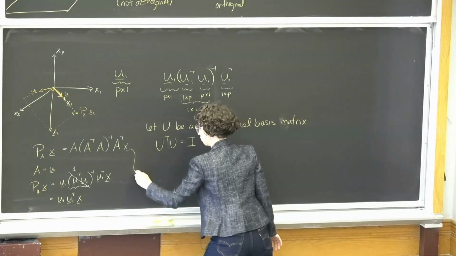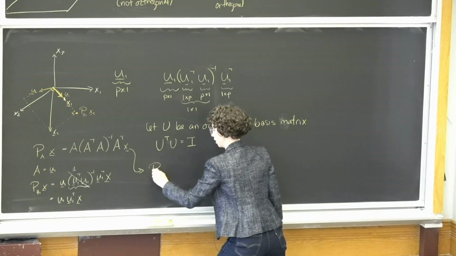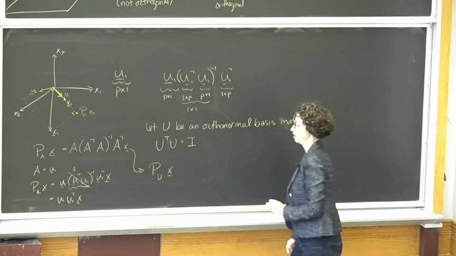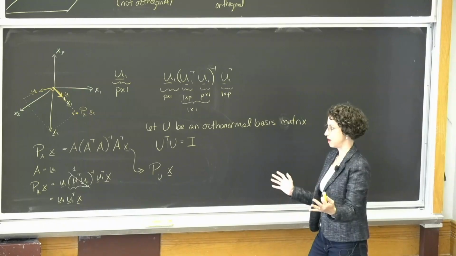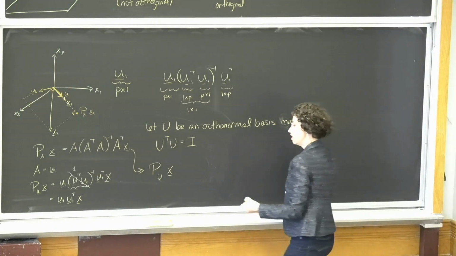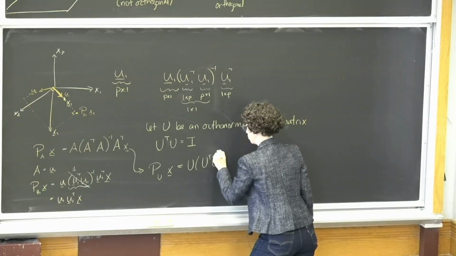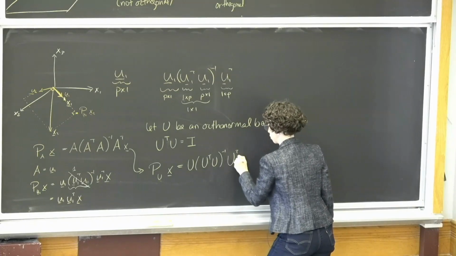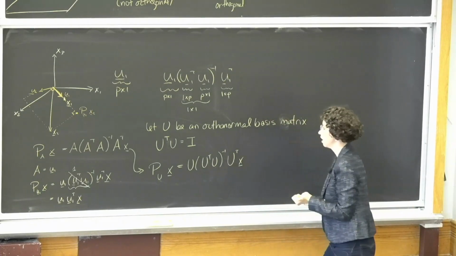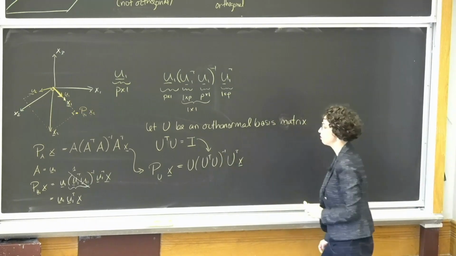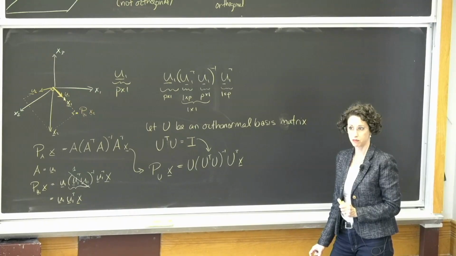So if we compute the projection of a vector X onto the subspace spanned by this basis U, again we plug in our formula, (U transpose U) inverse U transpose X. Now we use the fact that U transpose U is an identity matrix.